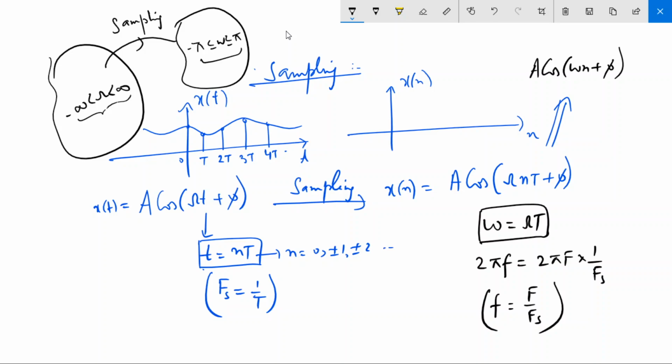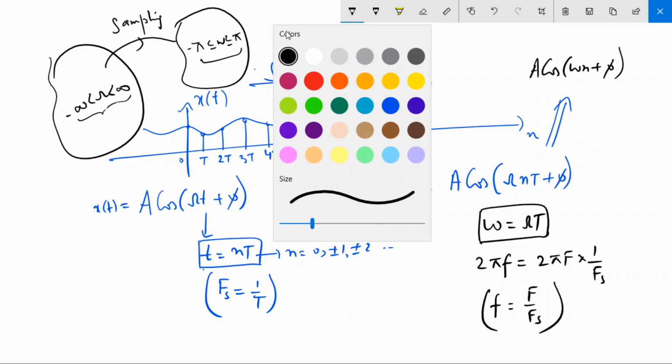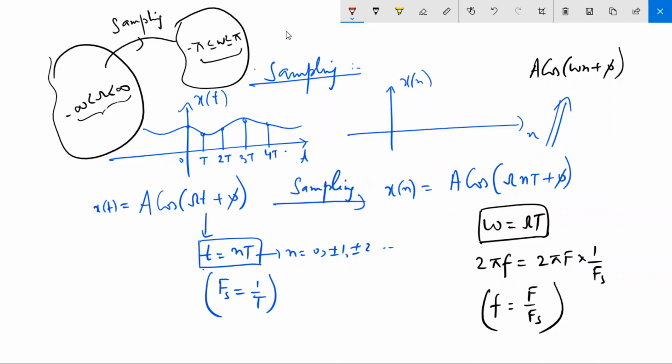So in order to avoid this situation, we have to assure that the frequency of the discrete signal after sampling should be between 0 and pi only.